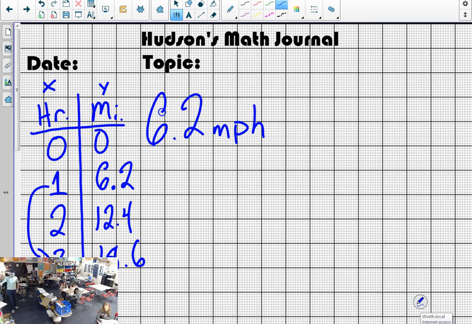Doing this is the same as saying, hey, your y value equals 6.2 times your x value for any x value that we choose here. Whatever number I put here, I have friends who literally run for 5 hours. They're training for marathons. If we put a 5 there, we just plug 5 into our equation, do the math.